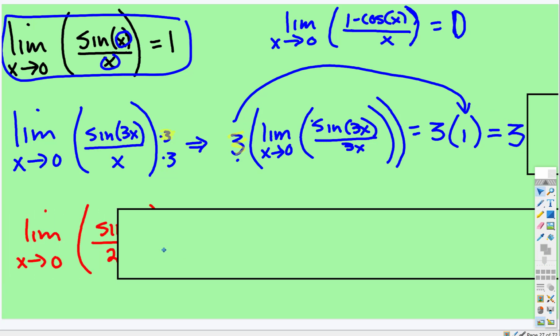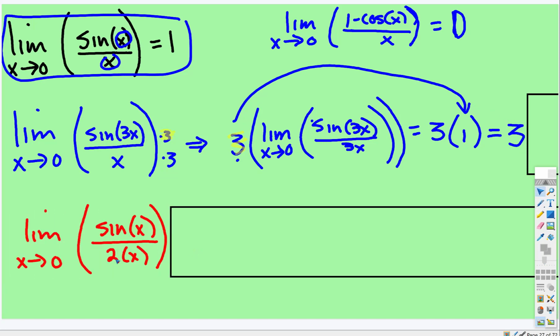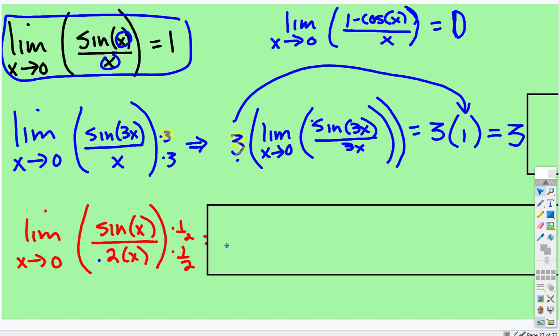So let's do another one. Now you've got 2x in the denominator, but it's supposed to equal x. So we would have to multiply that by 1/2 in order to get rid of that 2. So that's what we're going to do. We're going to multiply the denominator and the numerator by 1/2.